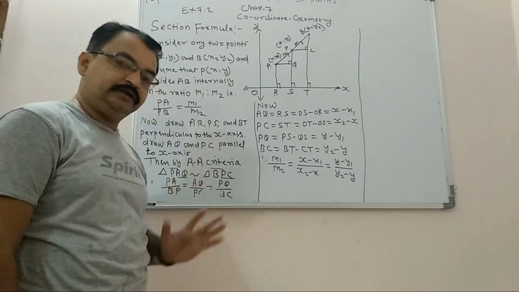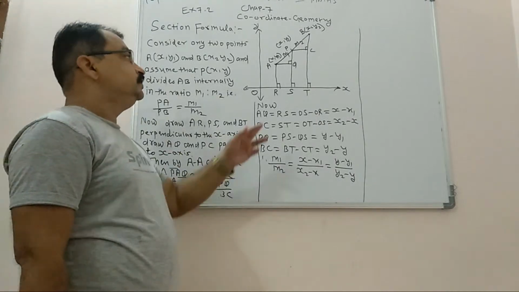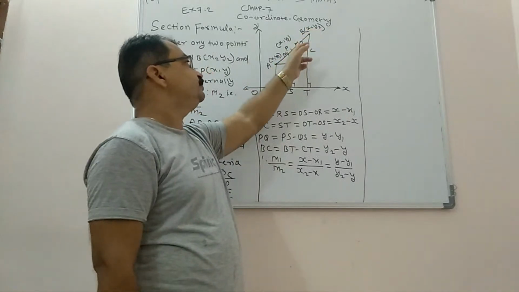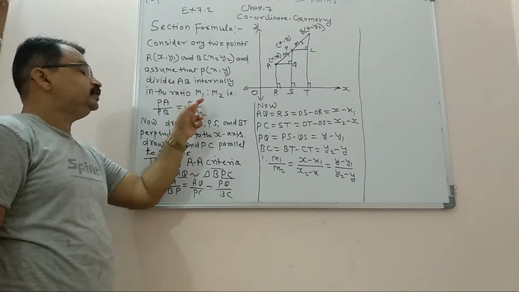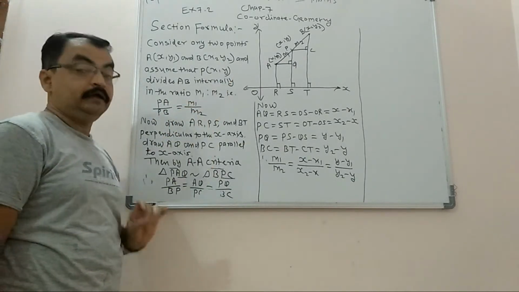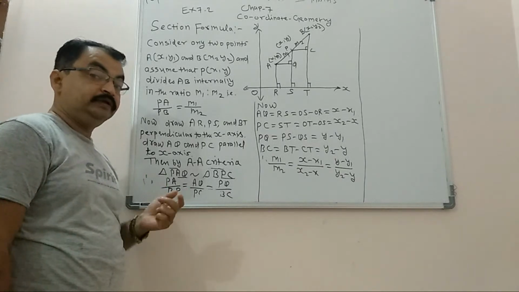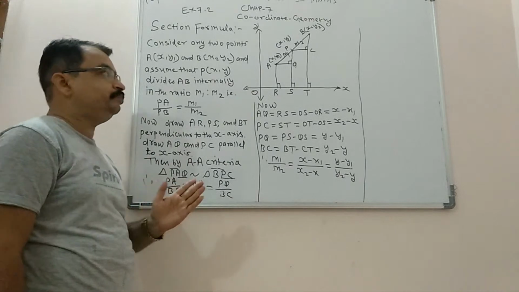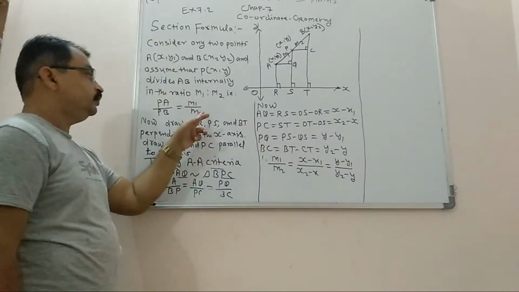That only I have written, whatever I have explained right now. So PA upon PB, its ratio will be what? M1 is to M2, that is PA upon PB is equal to M1 upon M2. Since P divides AB, P divides means two parts, so PA upon PB is M1 upon M2.